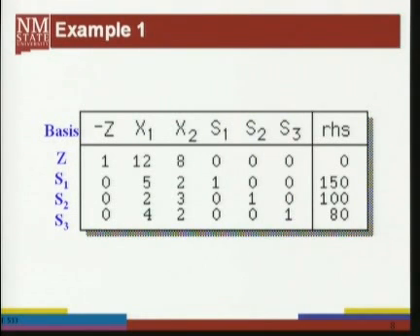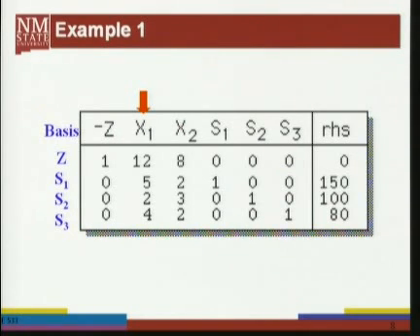Because there are two positive values of relative profit, right? Which means increasing either x1 or x2 will increase the current objective function value, right? So in this case, we may arbitrarily select x1 to be increased, which means x1 enters the basis in the next iteration.